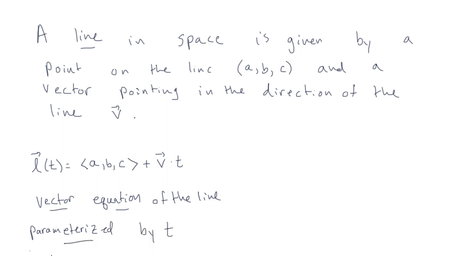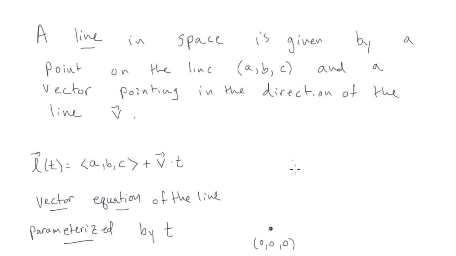We're going to talk a lot more about parametric equations and vector valued functions, but this is just sort of an introductory example. So we have this line, and the idea is that for each value of t, I'm getting a vector pointing to a point on the line. So let me draw a picture. Let's say here's the origin, 0, 0, 0.